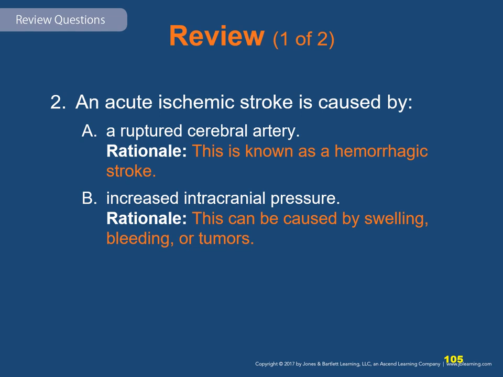Increased intracranial pressure. The actual pressure can be caused by swelling, bleeding, or tumors. So an acute ischemic stroke is not caused by increased intracranial pressure. The increased intracranial pressure is a result of other things happening, like swelling, bleeding, or tumors.